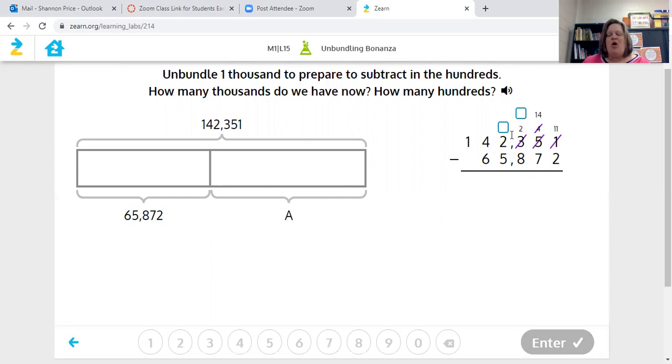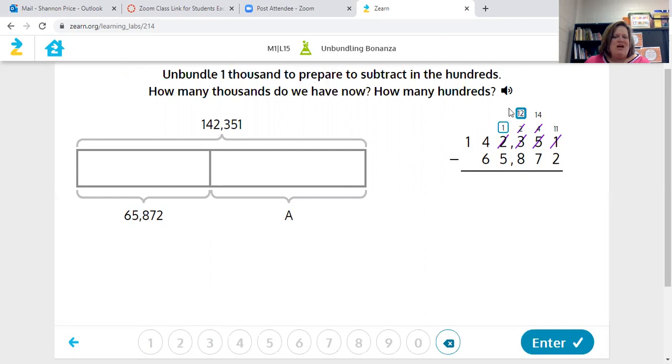And we're now going to borrow from the 1,000 spot. So 2,000 minus a whole 1,000 is 1,000. And when I add this 10 here, because it's going to be 10 thousands, but I add it to the 2, and now I've got 12.